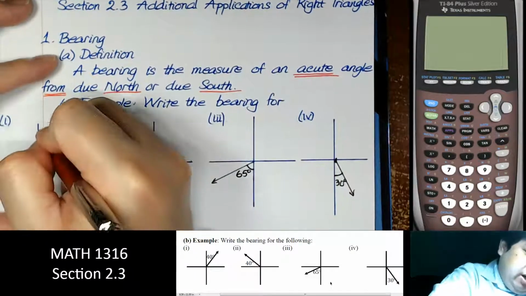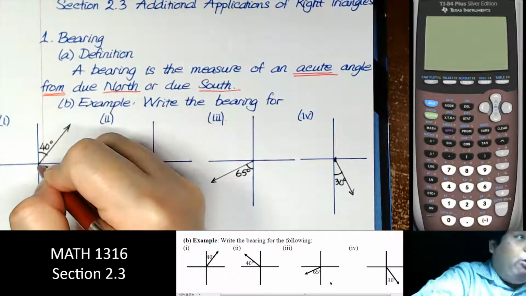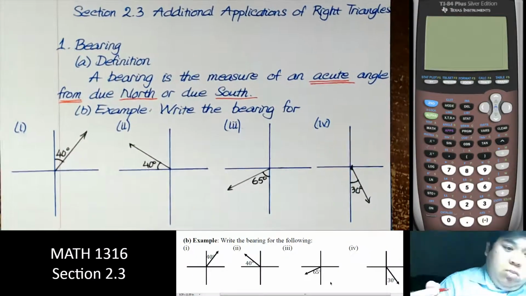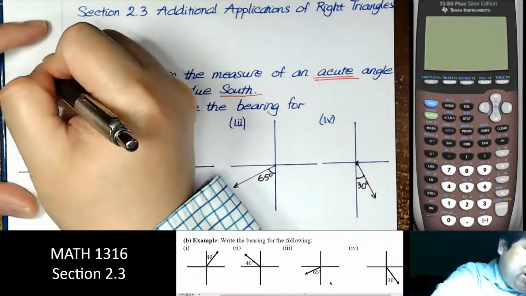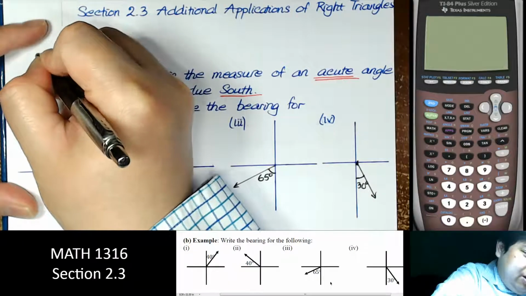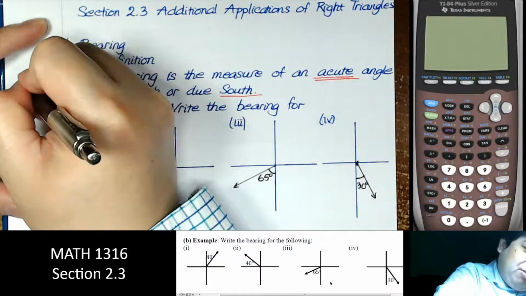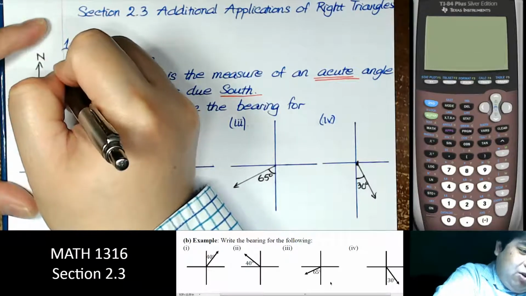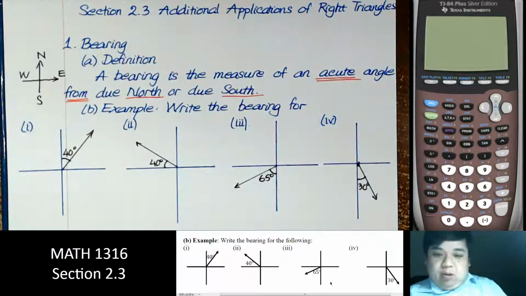Whichever is smaller, we can go from north or from the south. Just in case, make sure that everybody knows that north is up, south is down, east is on the right, and west is on the left. So that is the standard.